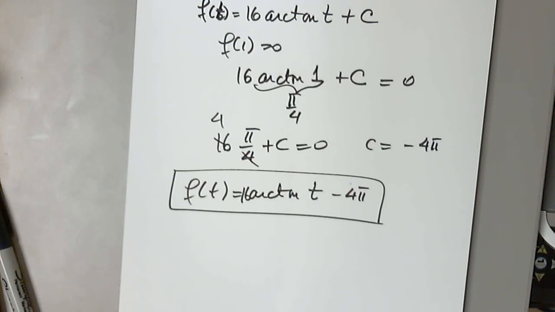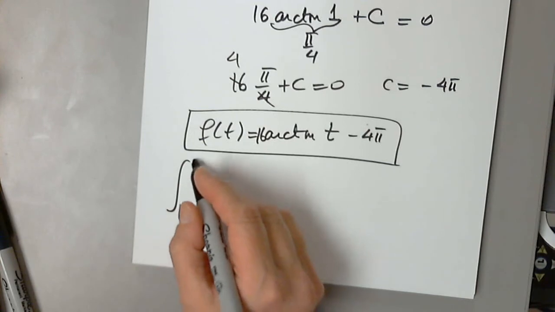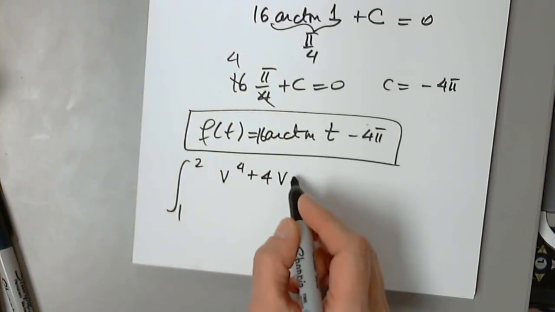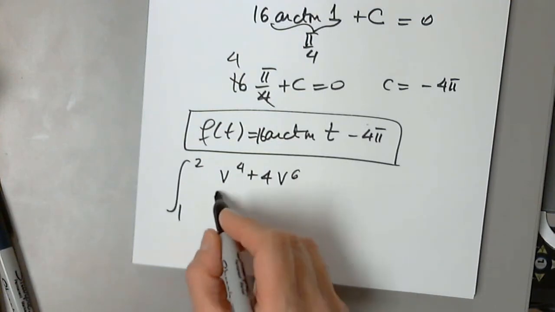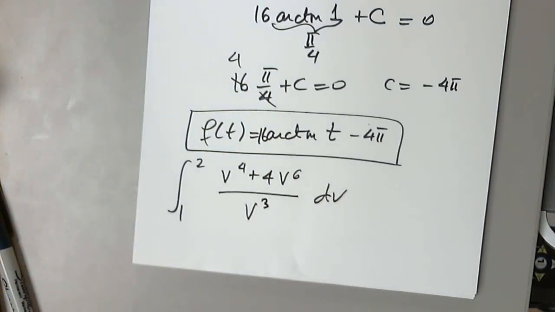Okay, next question we have is the integral from 1 to 2 of v to the 4th plus 4v to the 6th divided by v to the 3rd dv. Now I know that my students started studying chapter 5 because they finally have questions in chapter 5.